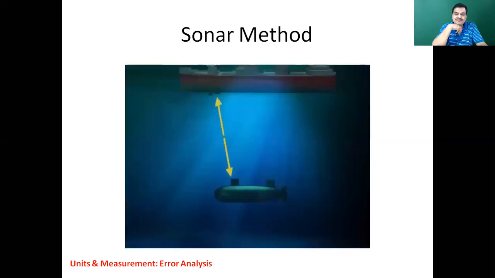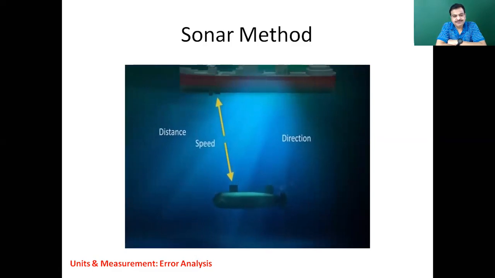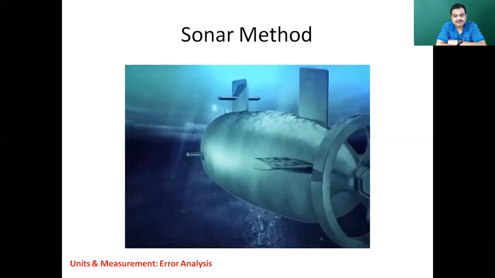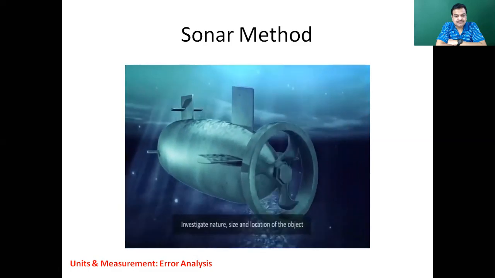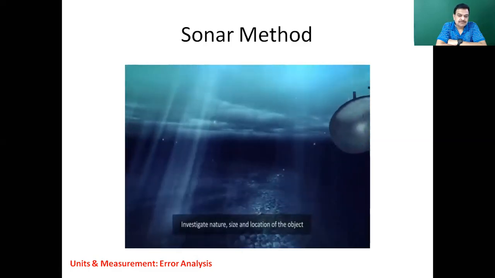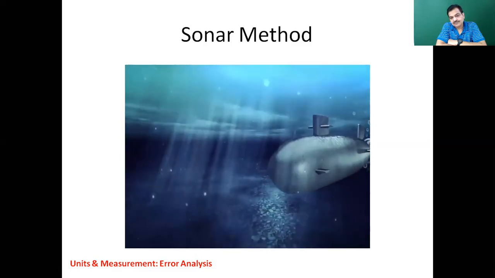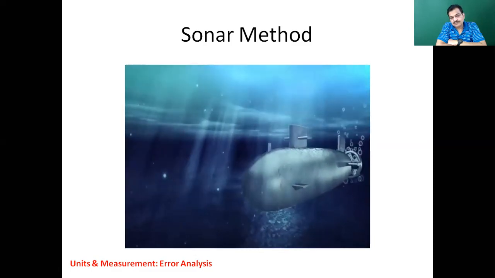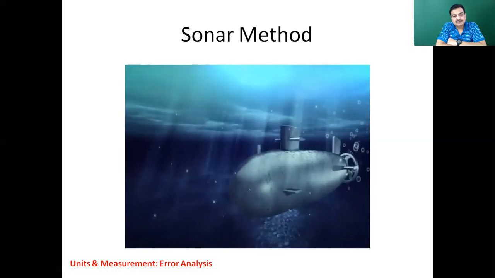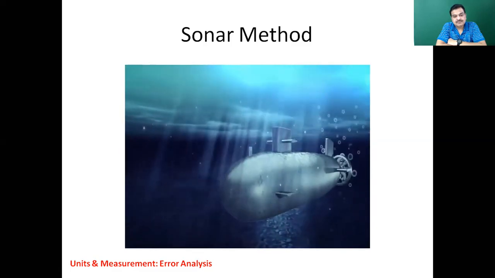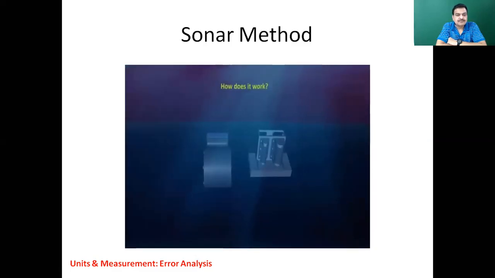It is a device which uses ultrasonic waves to measure the distance, direction, and speed of underwater objects and helps mariners to investigate the nature, size, and location of the object so that potential threat to the vessel is identified and overcome. How does it work?